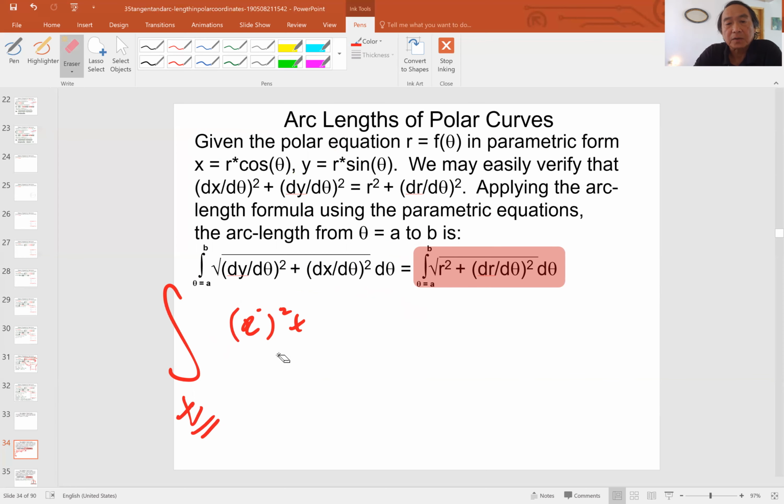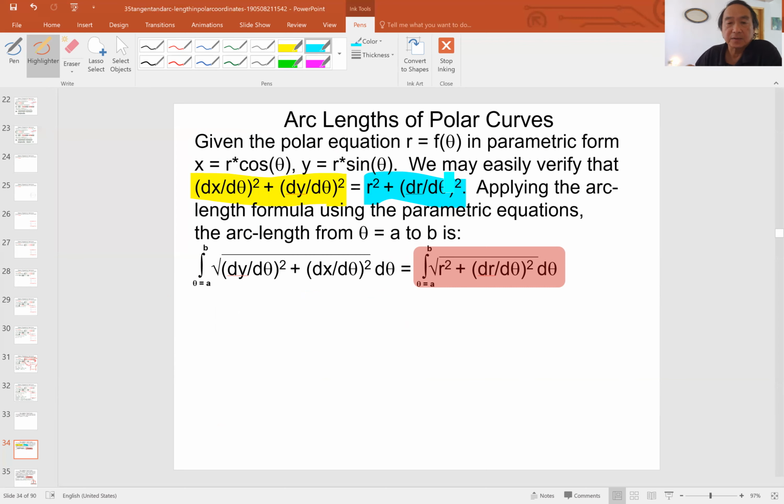Okay. You can work it through. You will find out it's very easy to convert that. This actually becomes easy algebra. Then again, a lot of these formulas for calculating area, arc length, etc., require you to square.